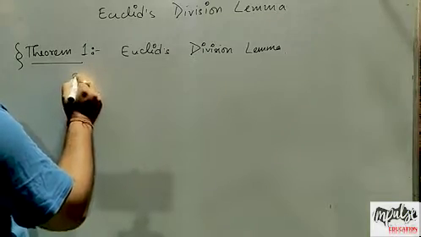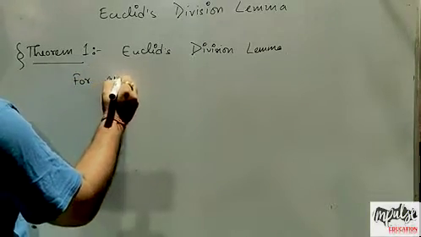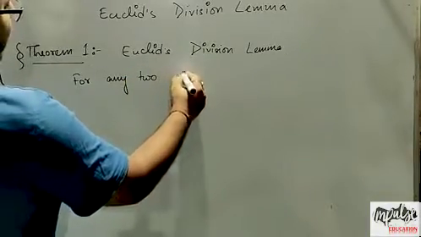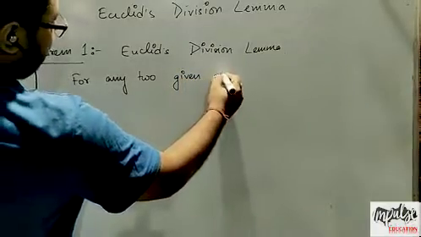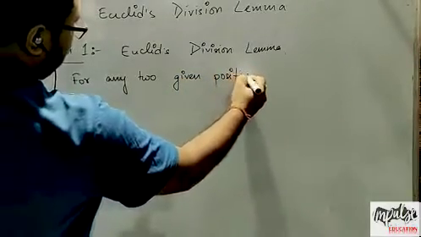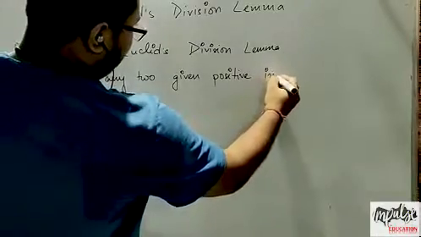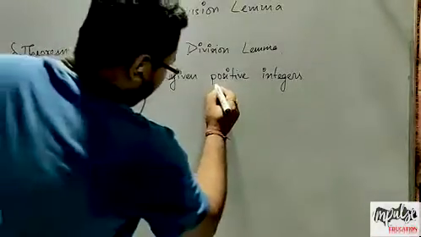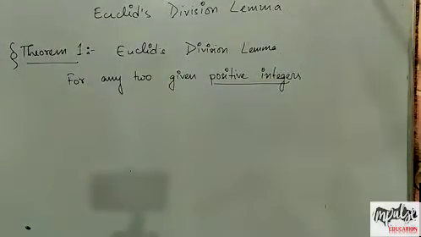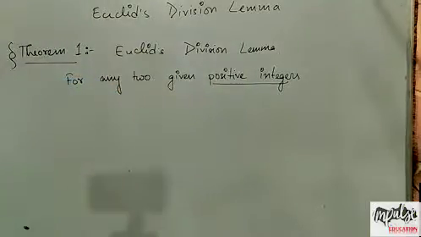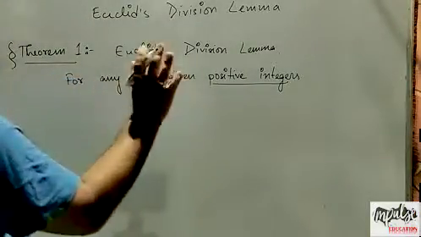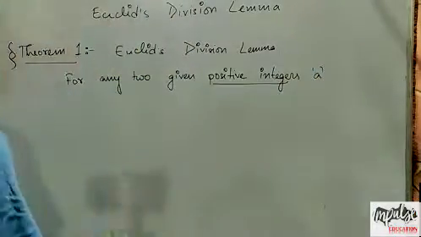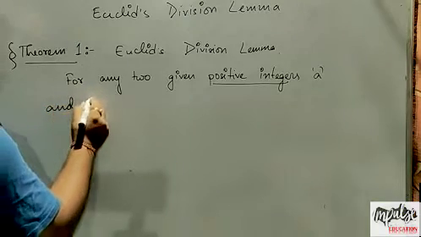The statement is, for any two given positive integers. Now you just focus on these positive integers. Now you remember what is an integer, and this integer must be positive. Let the given positive integers be a and b.